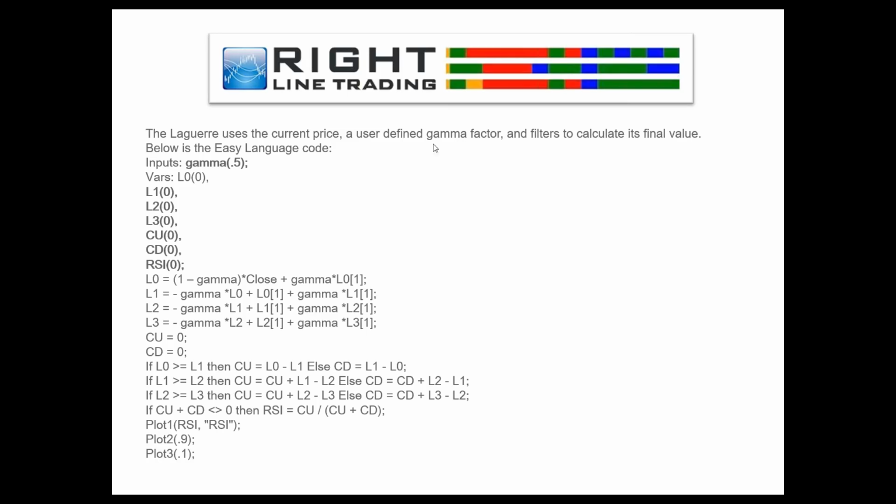We define the gamma, but you can define a gamma factor, which determines the speed of percent K and the stability of percent K. And also it has multiple filters, which also factor into determining how fast that percent K line is going to move and how stable that percent K line is going to be. So by defining the gamma and the filters, we've created an instrument that is used to track money flow, not to track divergence.